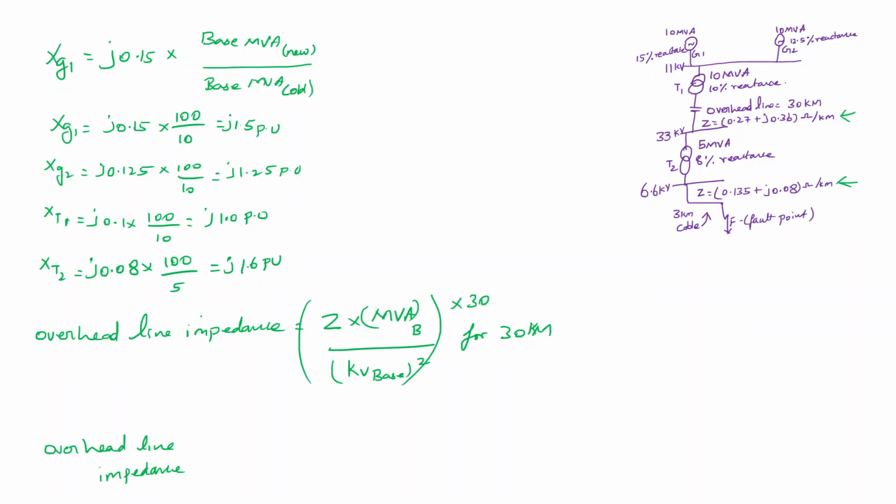So what will be the value? It is 30 into (0.27 plus j 0.36) into 100, the whole divided by 33, the whole square.